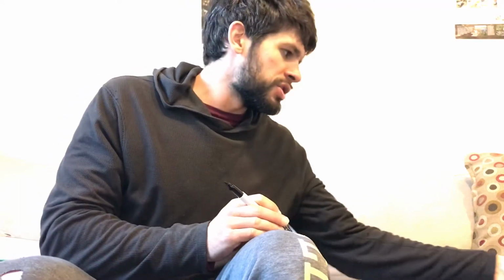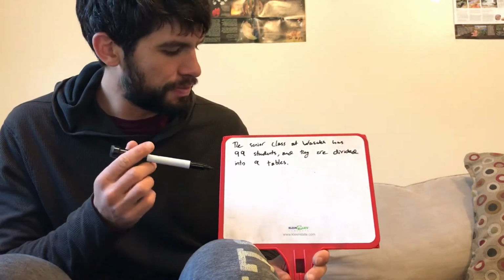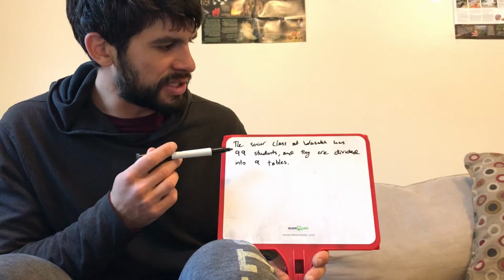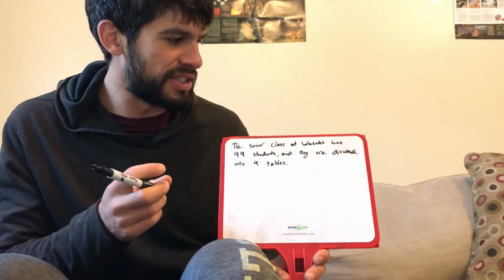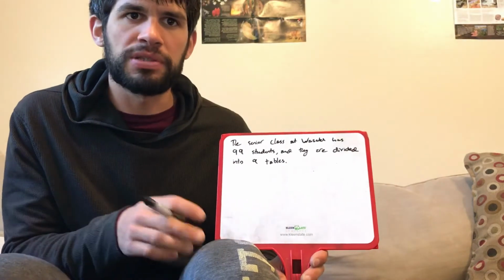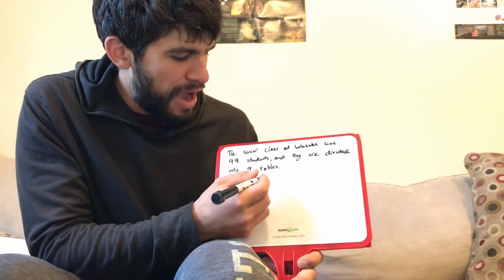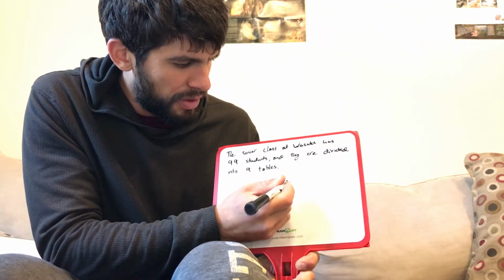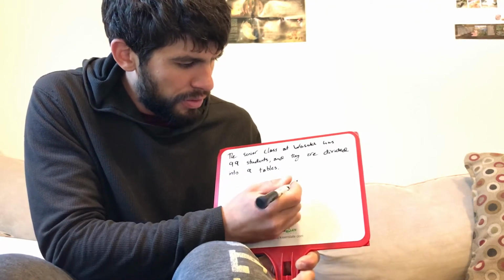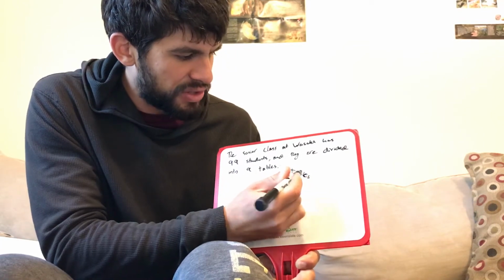Suppose we have an event for our senior class at Wasatch, and we're going to need to seat people at tables. The senior class at Wasatch, suppose it's 99 students, and they're divided into 9 different tables. To find our unit rate, we'd want to find how many students there would have to be at each single table.